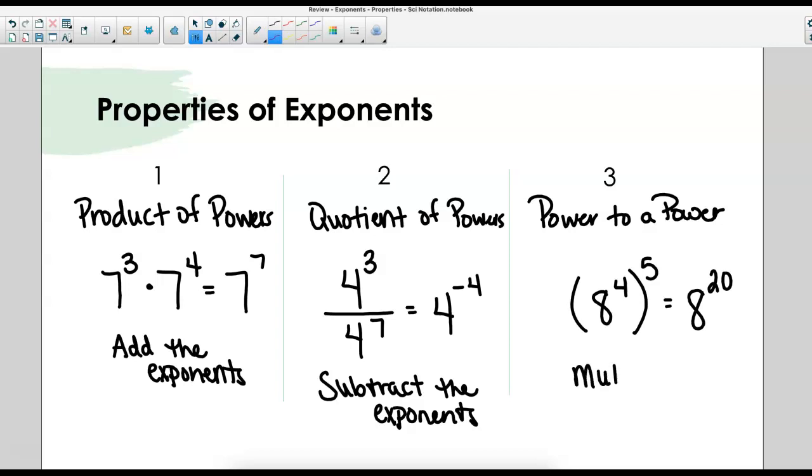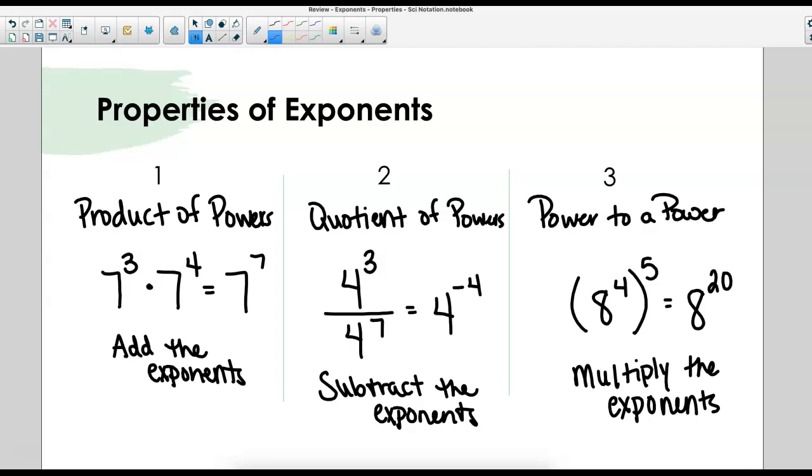You multiply the exponents. Coming back to it. Okay. Trying to get everything in one spot so hopefully you remember it.